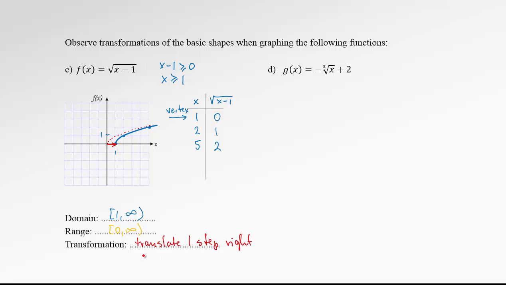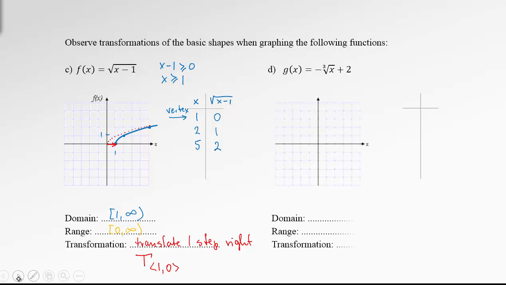In shorter notation, we can say capital T for translation and just give the vector by which we are translating the basic shape. That means move 1 horizontally, first coordinate 1, and no vertical movement, so second coordinate 0. Vector 1, 0.